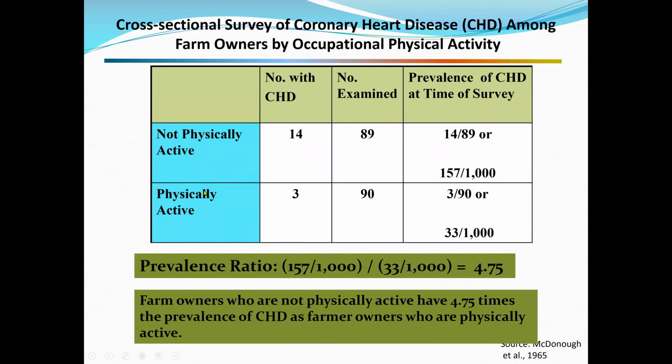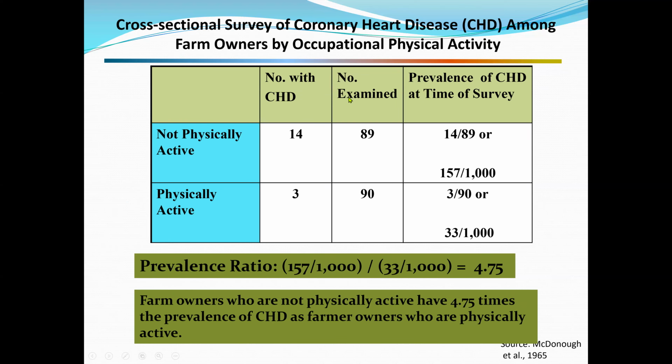Now we collected data and found that the number of CHD, or coronary heart disease, cases is 14 for those who are not physically active, and 3 for those who are physically active. So we can see, just from the first two, that physical activity plays a major role in the number of CHD cases.